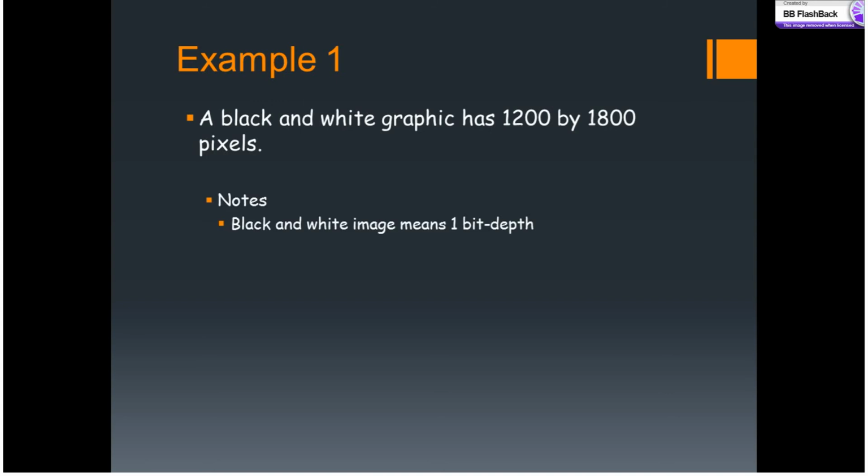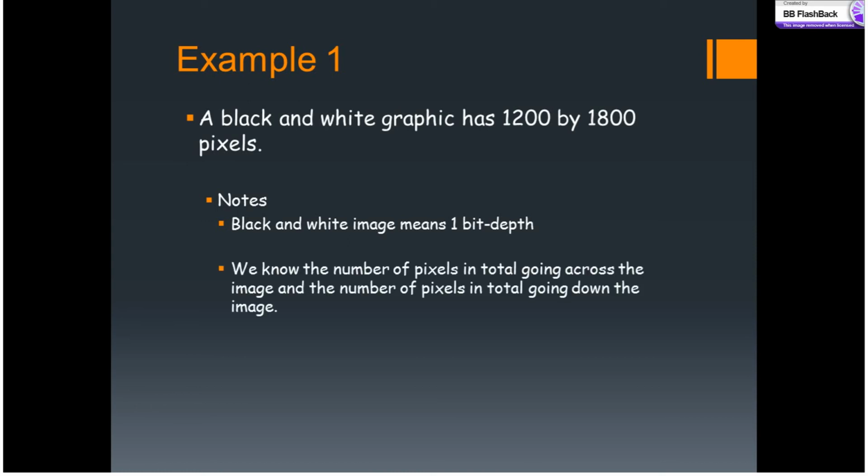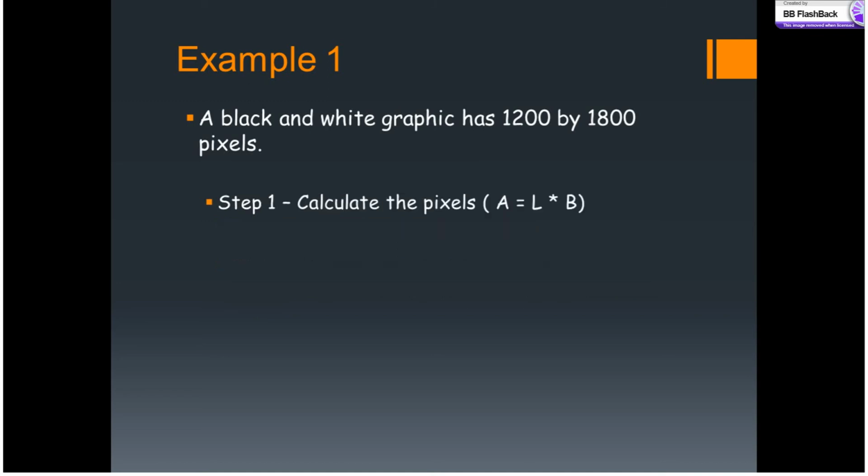Now the first thing to note is that it's a black and white image, and that means that the bit depth is 1. And like I was just saying, we know the total number of pixels going across, we know the total number of pixels going down, so we don't have to do any calculations to get that. So let's get back to step 1. Step 1 said, calculate the pixels.